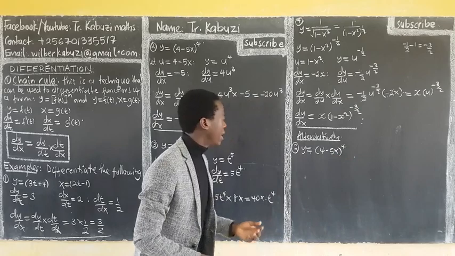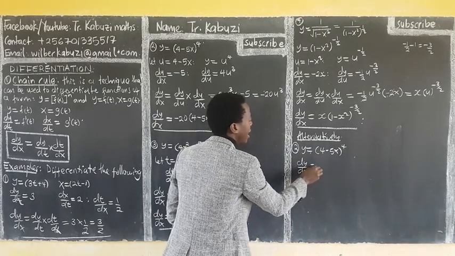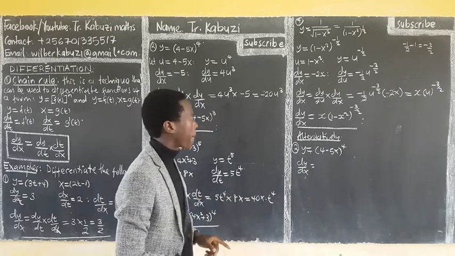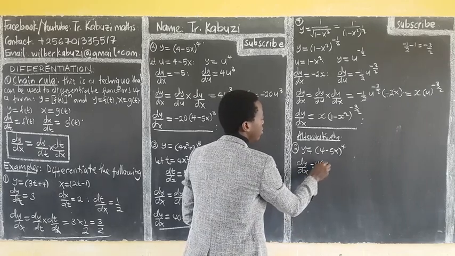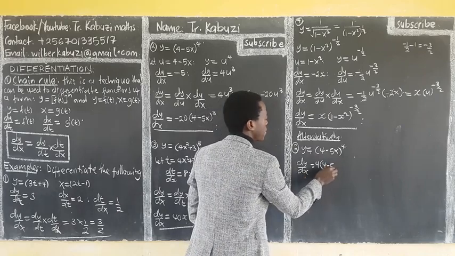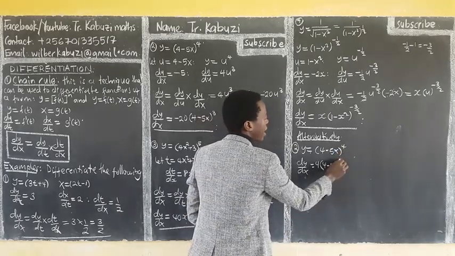To get the dy/dx, it's similar to the power rule, but there is something we do after. You lower the power, which gives 4 times, maintain this bracket, then reduce the power by 1 and get 3.